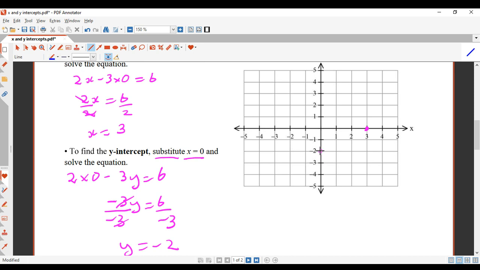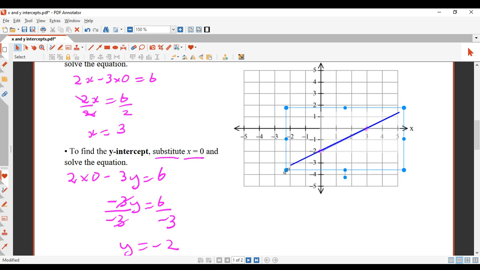And again, if I join those dots there, if I can just re-emphasize again for the umpteenth time, don't just join the dots, you have to draw the line through and past those points to show that it cuts both axes. That's close enough.